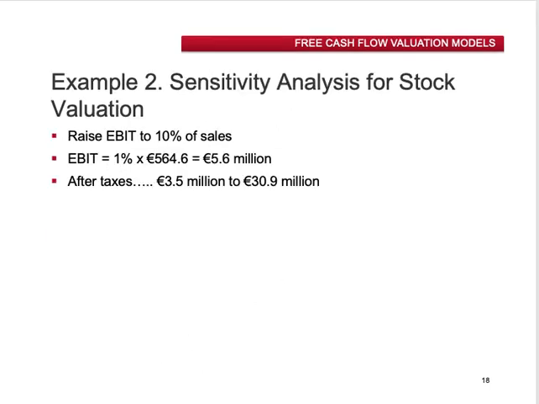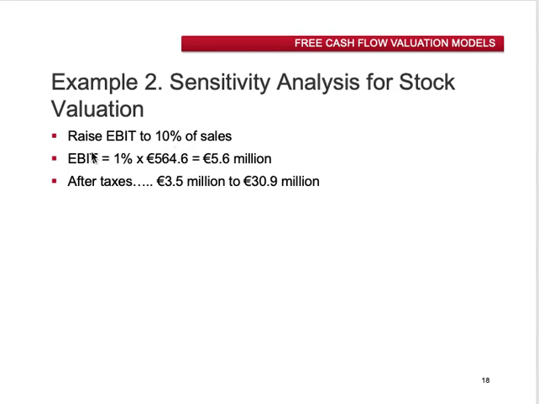Let's have a look at example 2, in which we are going to include some sensitivity analysis in the case of Nike. Now, in example 1, we have seen that the EBIT of Nike was assumed to be 9% of sales. If Nike can reduce its operating expenses and raise its EBIT to 10% of sales, what is then the impact on the underlying stock price?